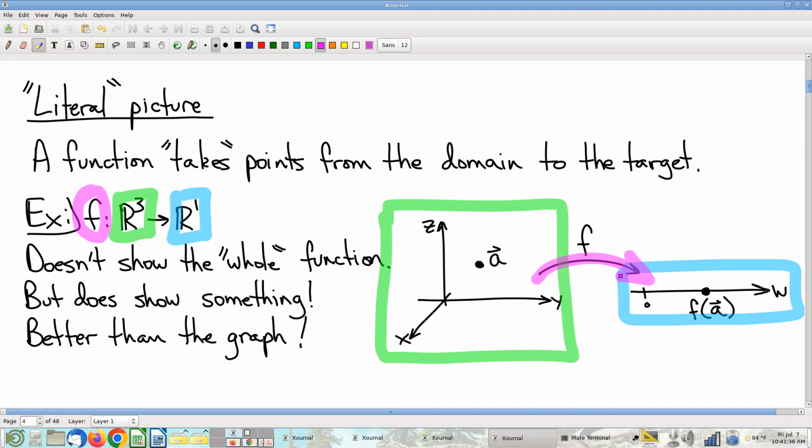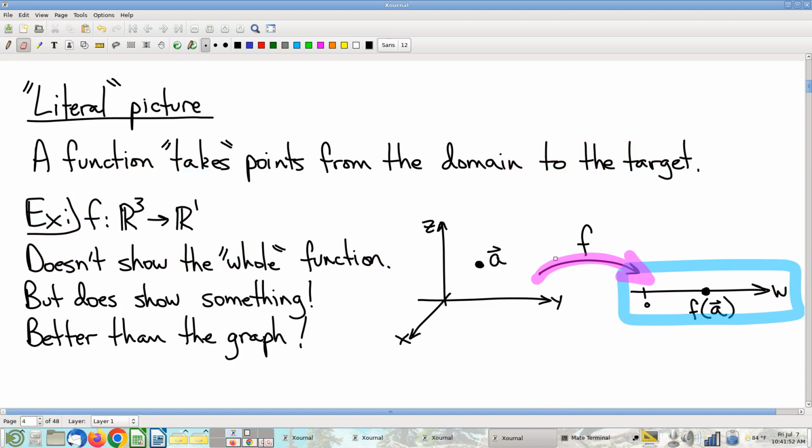So this picture here is just describing as literally as possible what is happening when the function does stuff. And it's a picture. Now, you could validly gripe that this is a pretty bad picture, because I can draw maybe one point a there and say, okay, its output value is some other value f of a over here.